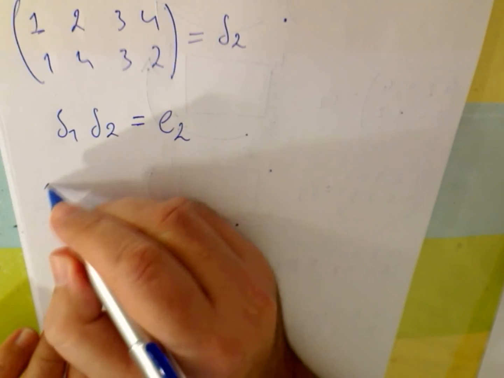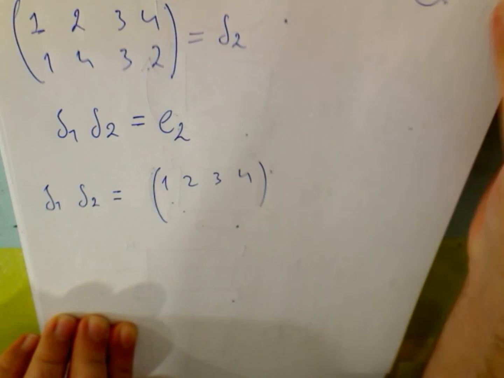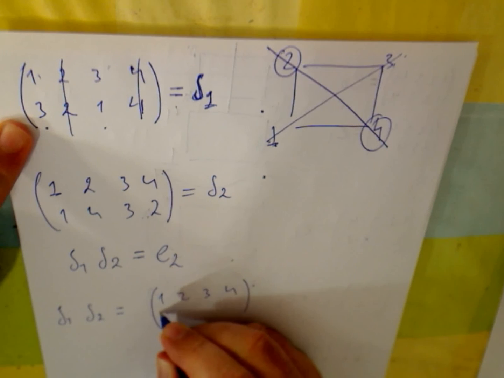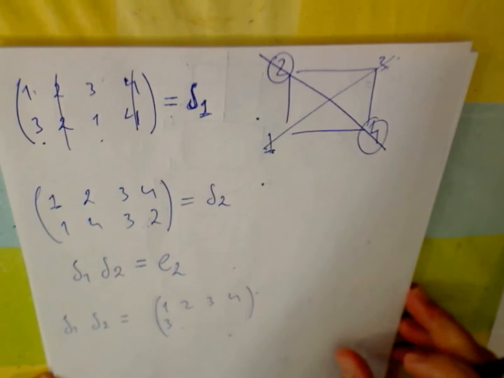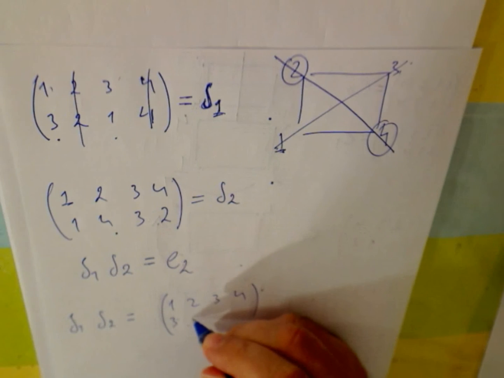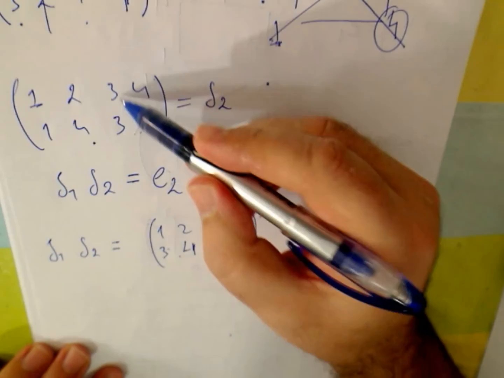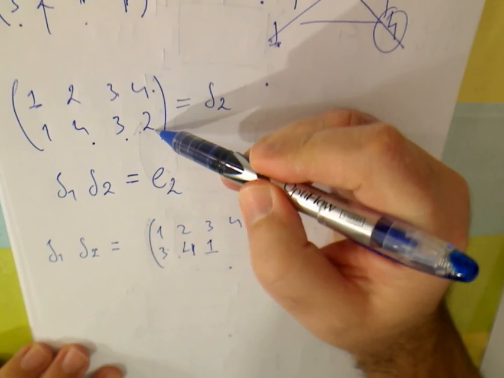Delta 1 times delta 2 on 1, 2, 3, 4. 1 goes to 1 in delta 2 and 1 goes to 3 in delta 1. 2 goes to 4, and 4 goes to 4, so 2 goes to 4. 3 goes to 3 in delta 2, and 3 goes to 1 in delta 1. 4 goes to 2, and 2 goes to 2.